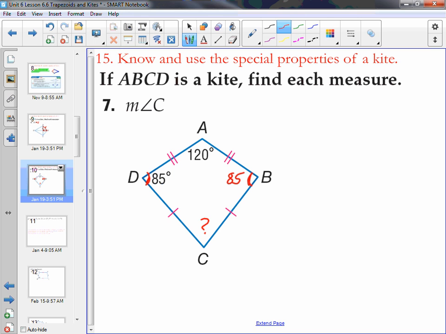They have to add up to 360. All 4 angles, right? It's a quadrilateral. And just like in a triangle, the sum of the angles is always 180. In a quadrilateral, it's always 360. So what is that missing angle? 70. All right. Questions?